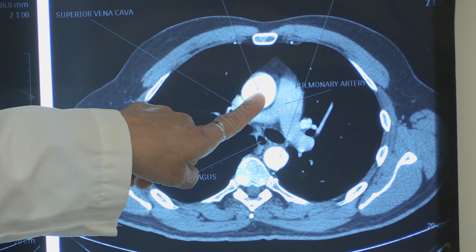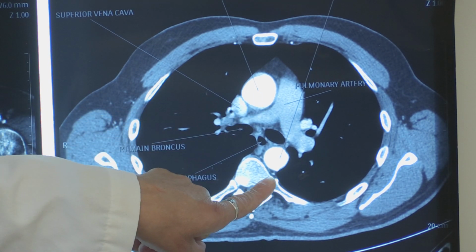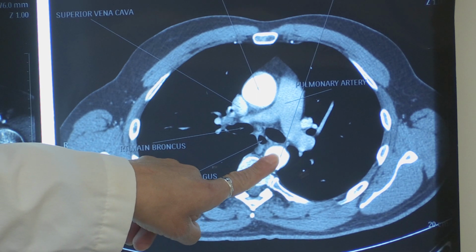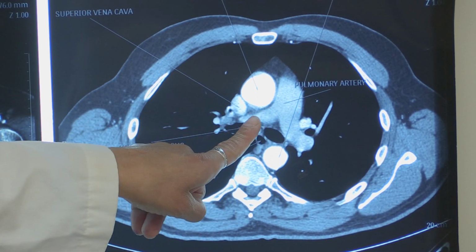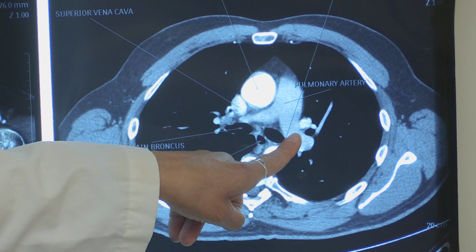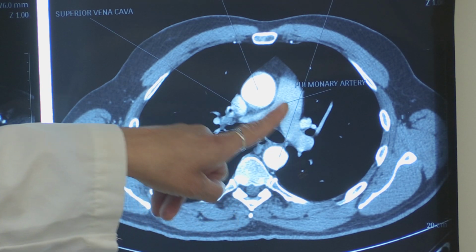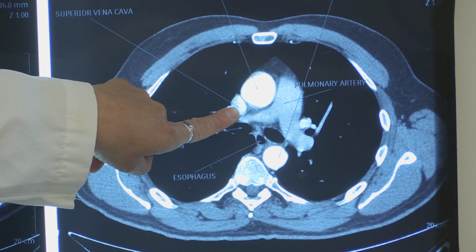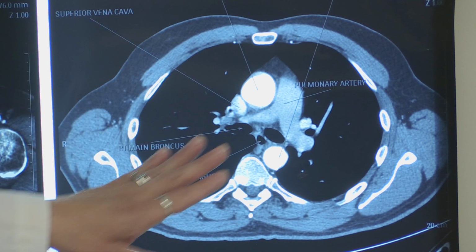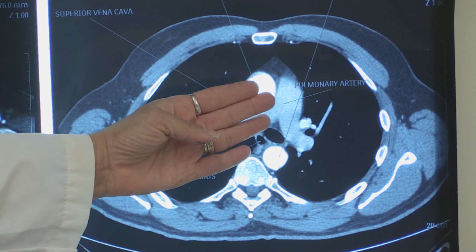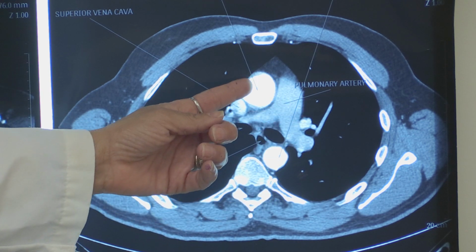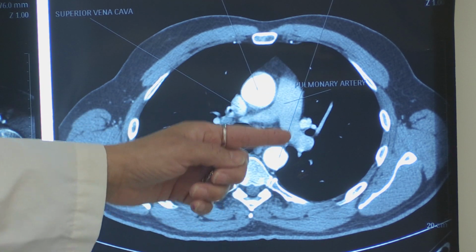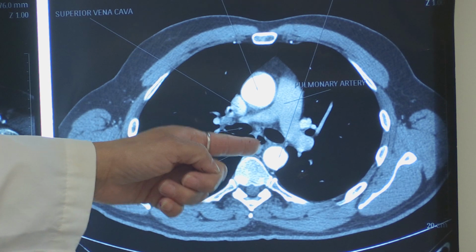And you can see the ascending aorta and the descending aorta. You can see the pulmonary arteries right here and the superior vena cava. If we were to look at an image above this, you will see the actual arch connecting the ascending and descending.